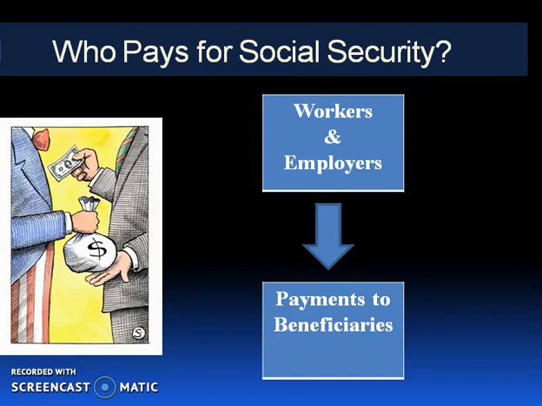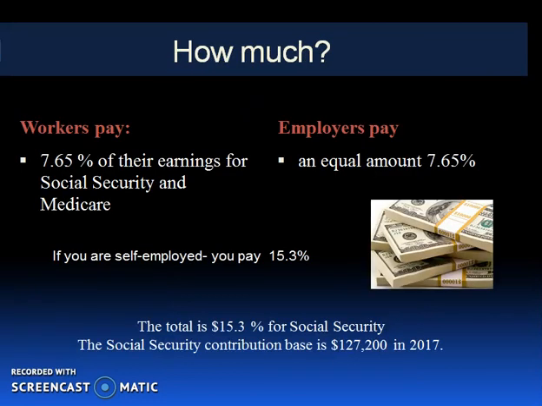All right, so how much do we pay? In 2017, we pay 7.65% of our earnings, and then our employers pay 7.65. So if you are self-employed, then you pay 15.3%. However, if you're self-employed, then you get a federal income tax deduction, I think, of half of that when you file taxes.